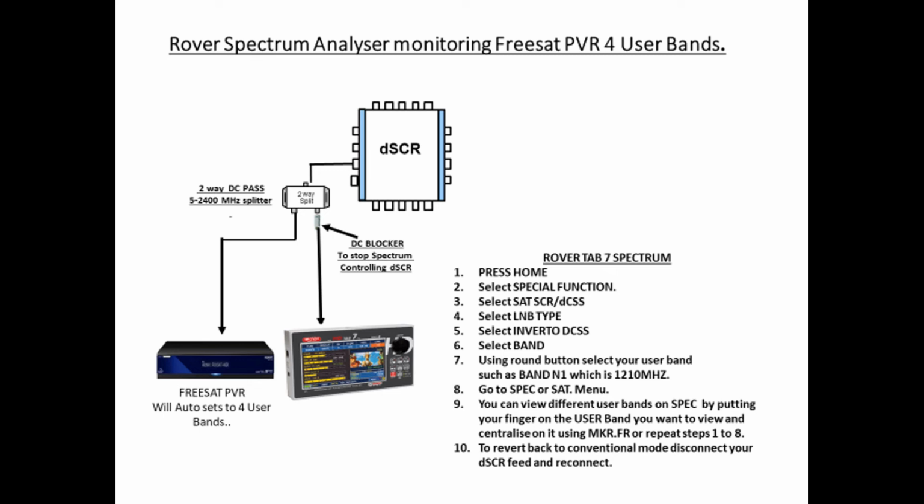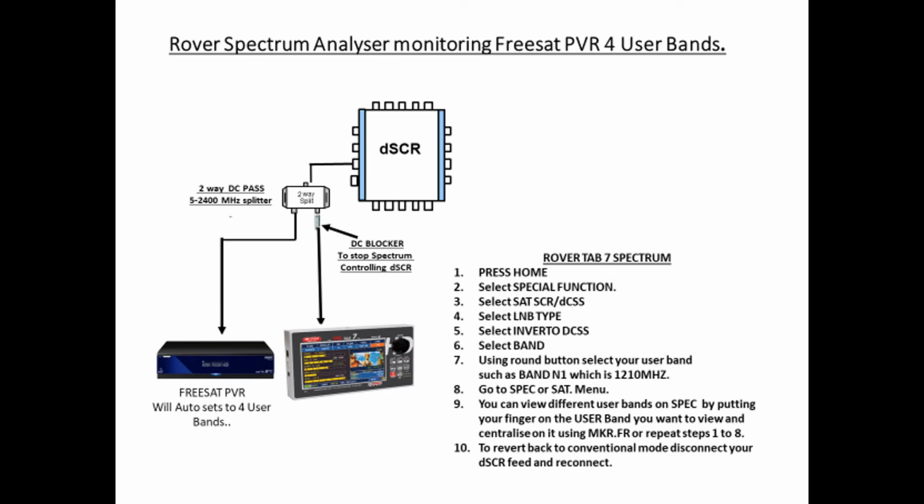Typical one to use on the Freesat PVR is 1210, which is user band 1, because you're now using the different standard, which is EN50494, or it could be EN50607, by the way.